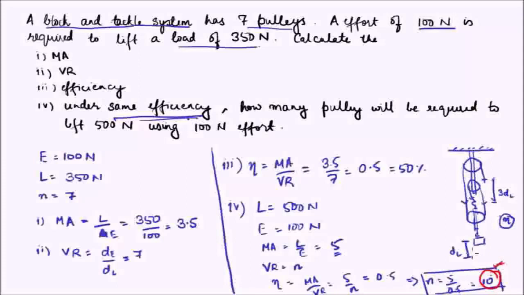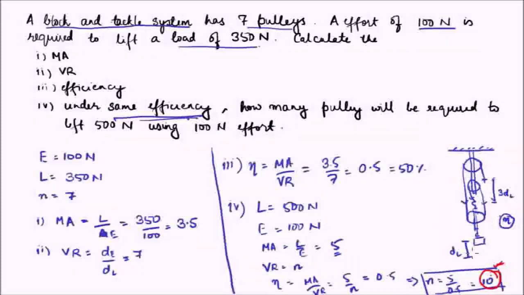Efficiency is equal to mechanical advantage upon velocity ratio, which is 5 upon n, and that is equal to 0.5 because it says under same efficiency condition. This will give me n is equal to 5 upon 0.5, which is 10.